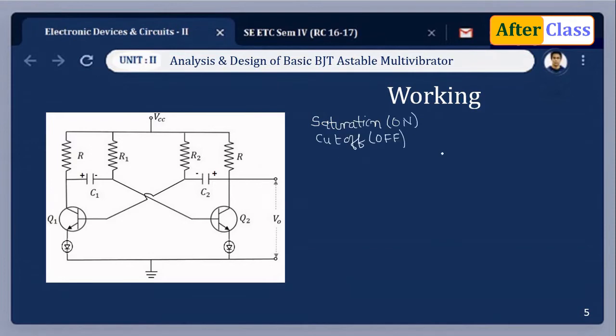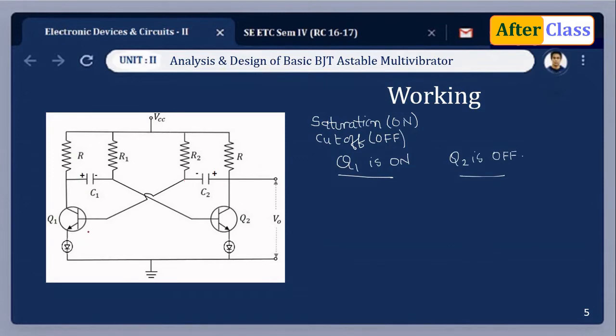Now we are going to assume that transistor Q1 is on and transistor Q2 is off. So these are our two assumptions. During this time, capacitor C2 is charging to VCC through resistor R.